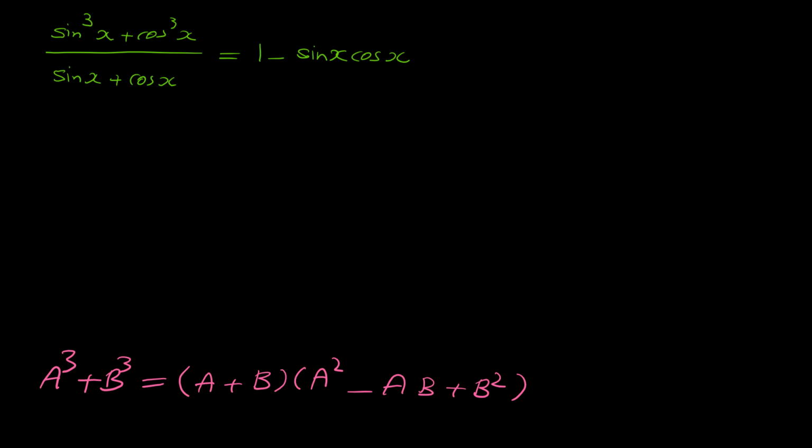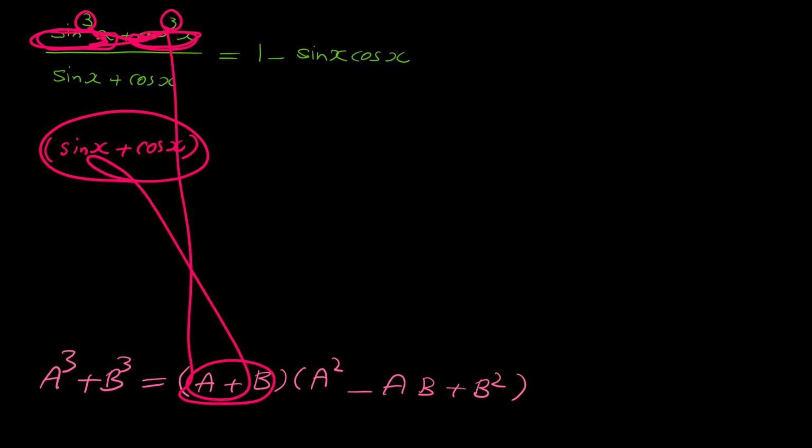So I'm going to use this for the numerator. By using this, the numerator can be written as sine x plus cosine x. Attention, the a is sine, the b is cosine, a to the 3, b to the 3. So it's a plus b, sine plus cosine.